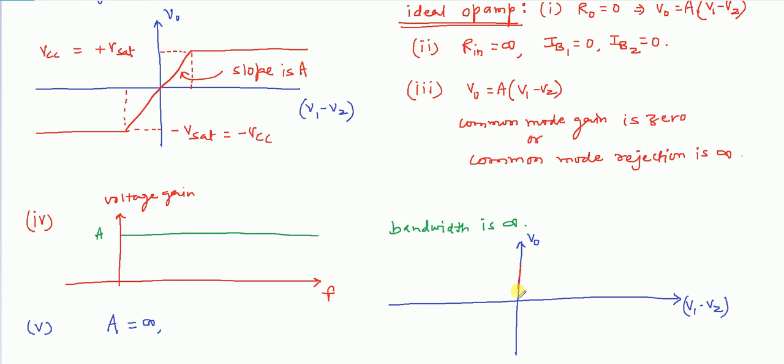If the difference of input voltage is positive, then output voltage is plus Vsat, and if the difference between input voltage is negative, then output voltage is minus Vsat. The difference between input voltage means voltage at non-inverting terminal minus voltage at inverting terminal.